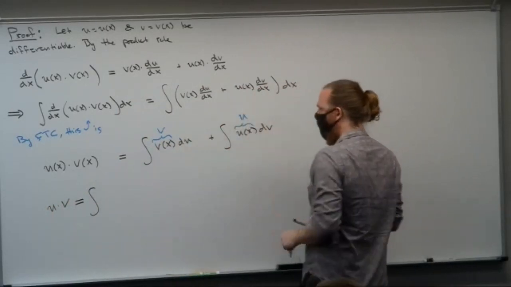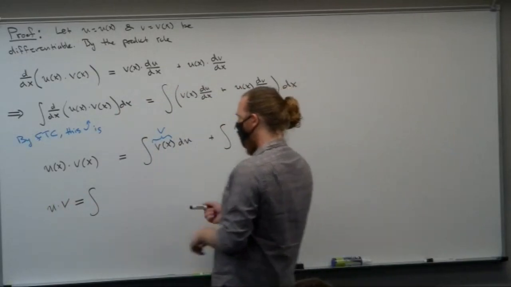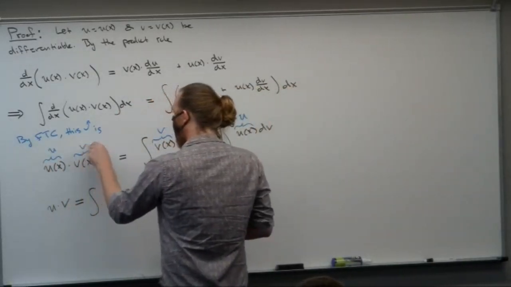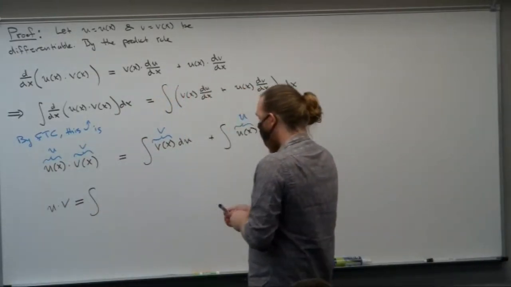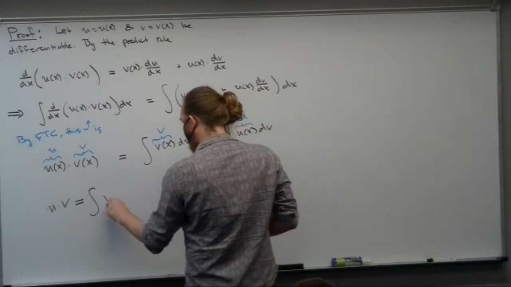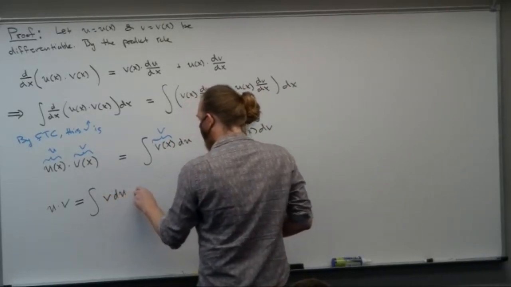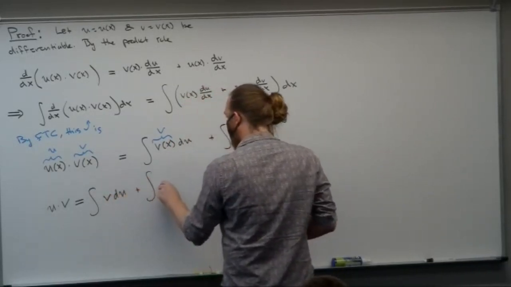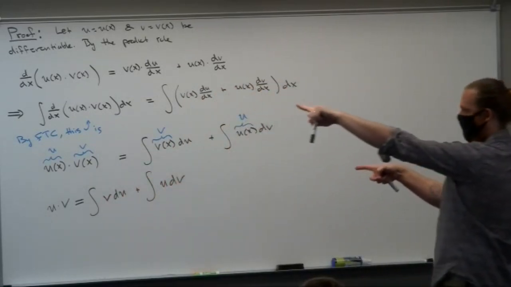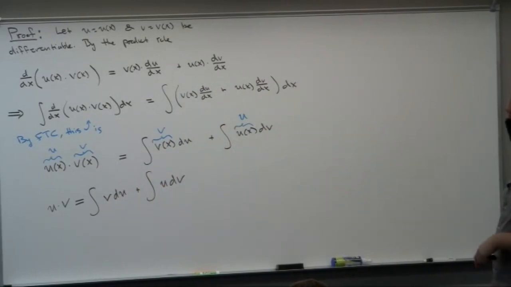U of x is just u. So the right hand side is the integral of v du plus the integral of u dv. And now you look at that, and you look over there, and you realize they say the same thing.